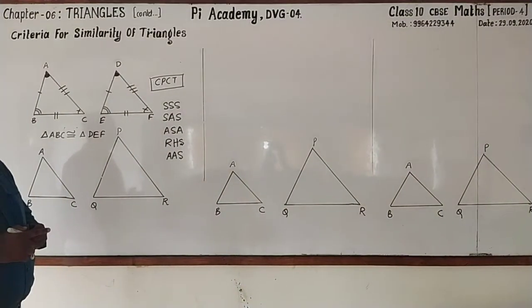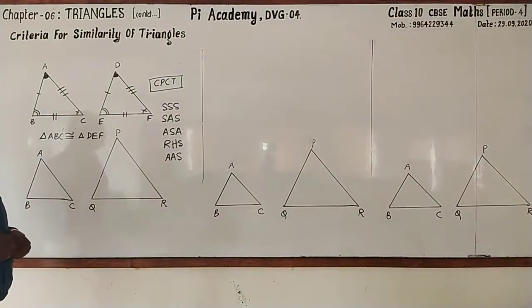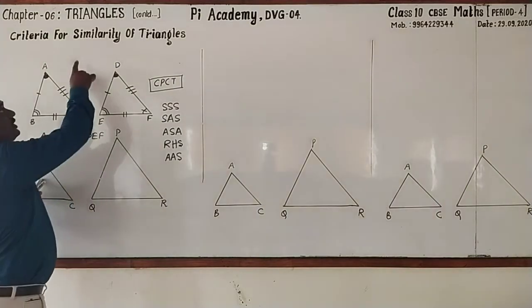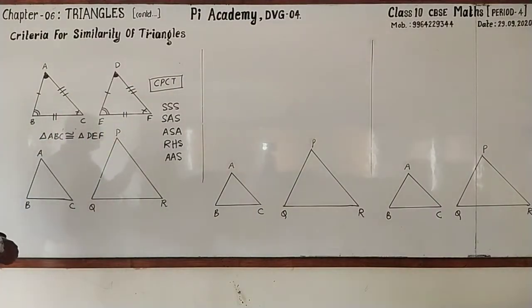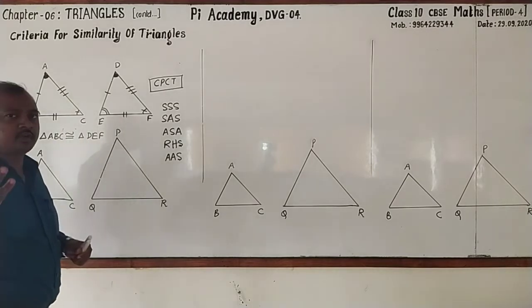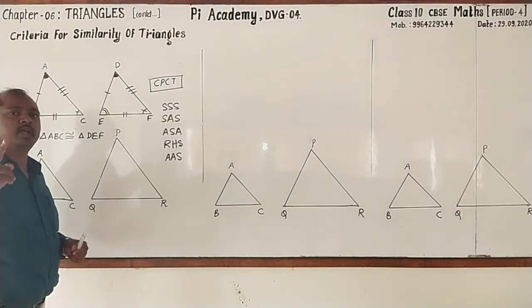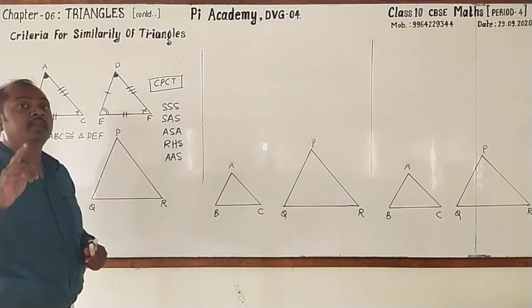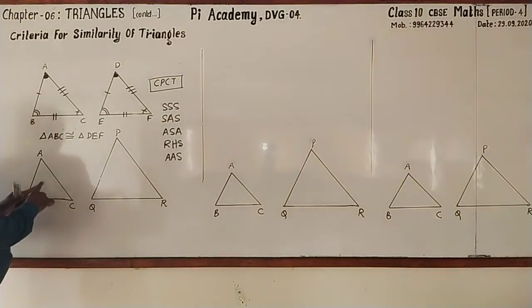Dear students, we also know the definition of similarity of triangles, right? Just to recall it, two triangles are similar if and only if the corresponding angles are equal and the corresponding sides are in proportion.